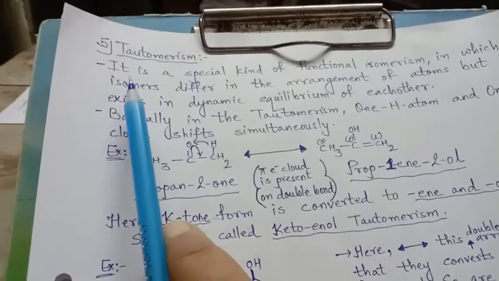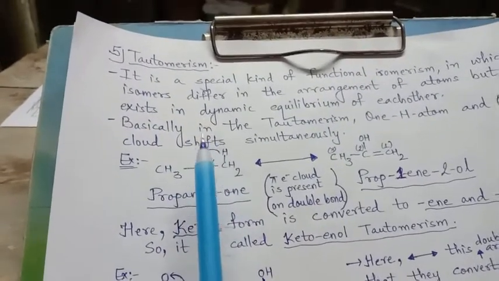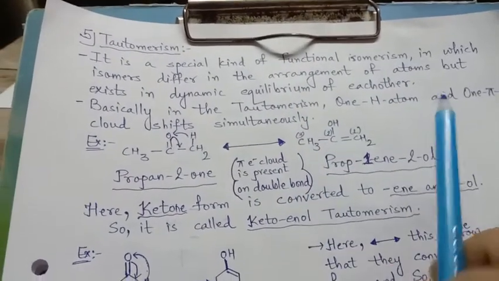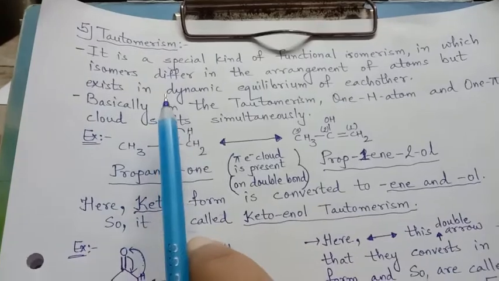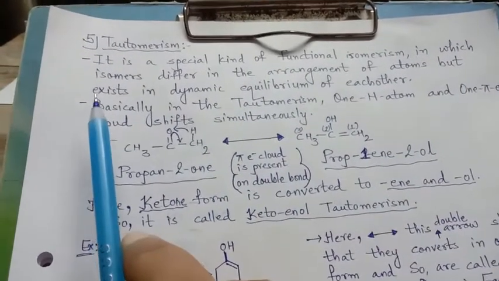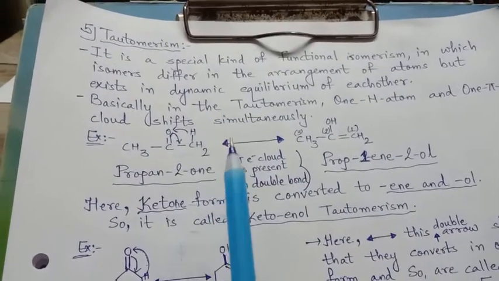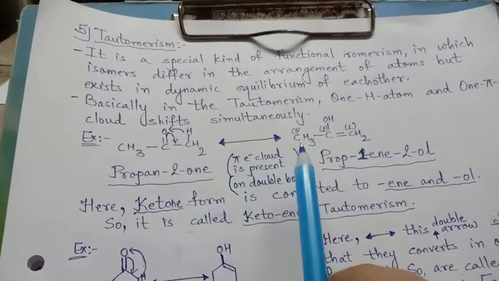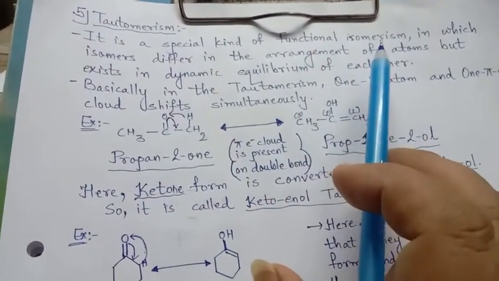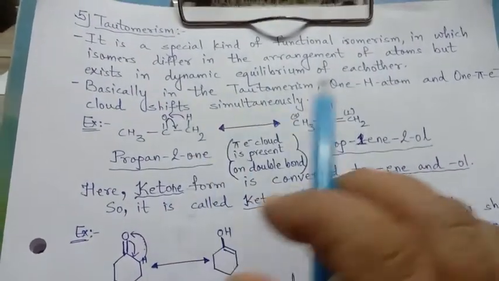But here I will discuss the 5th one, and that is tautomerism. It is a special kind of functional isomerism in which isomers differ in the arrangement of atoms but exist in dynamic equilibrium with each other. See, it is a little different, and so it is termed a special kind of functional isomerism where the isomers differ in the arrangement of atoms.